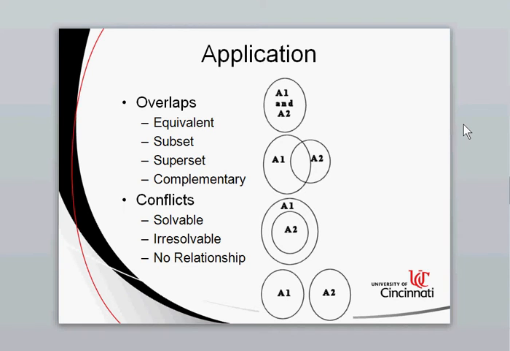The third type of overlap, the superset overlap, describes the situation where one attribute contains all the information in the second attribute and then additional information as well. The fourth type of overlap, complementary, illustrates a situation wherein the attributes do not intersect at all.